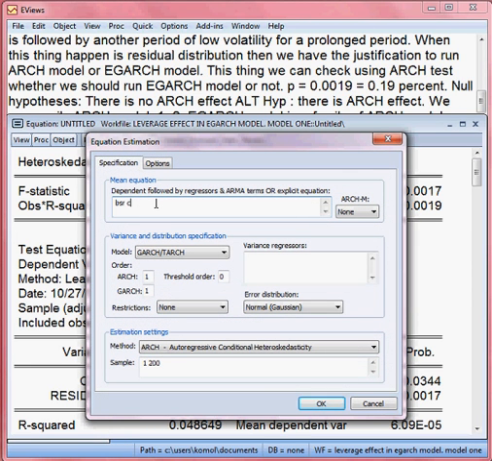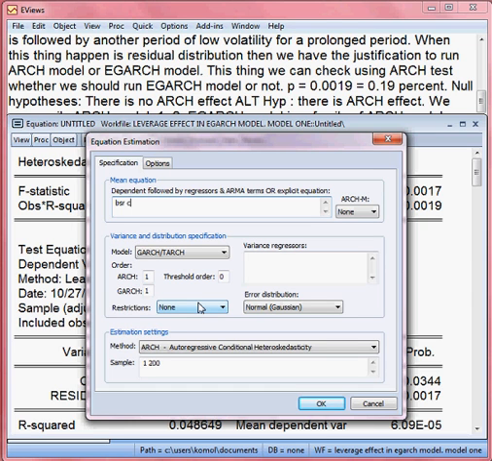Here there is no other independent variable, so only BSR and C. If you want, we can add more independent variables, but we do not want to do that here.